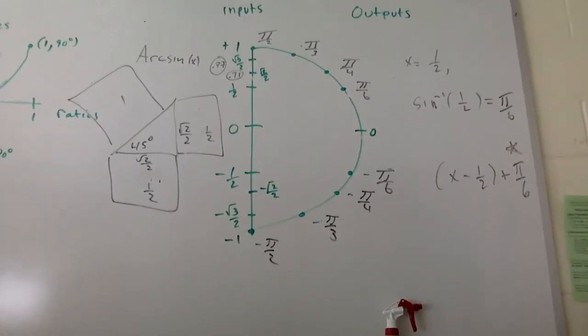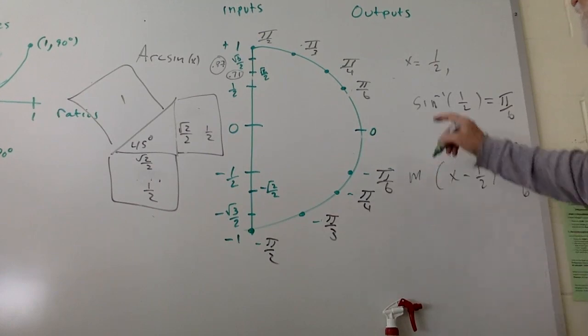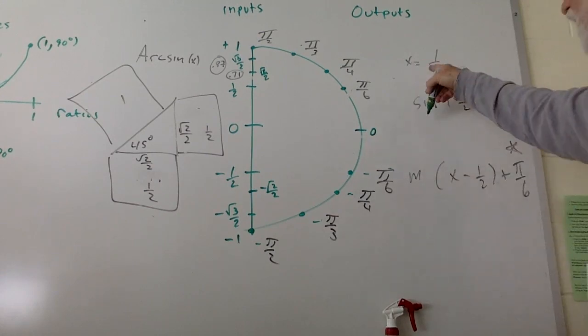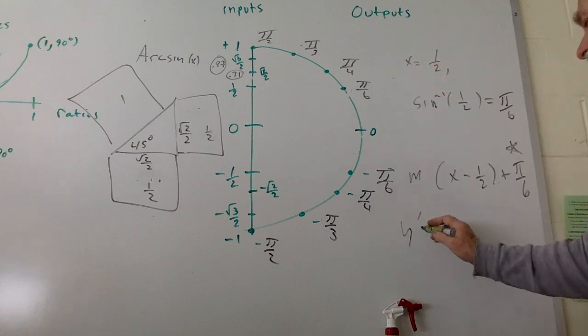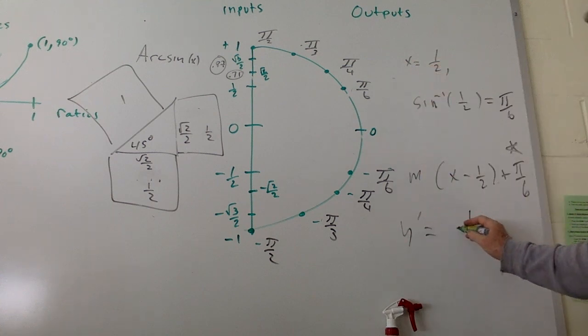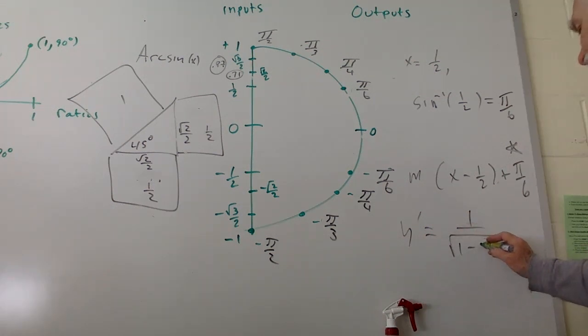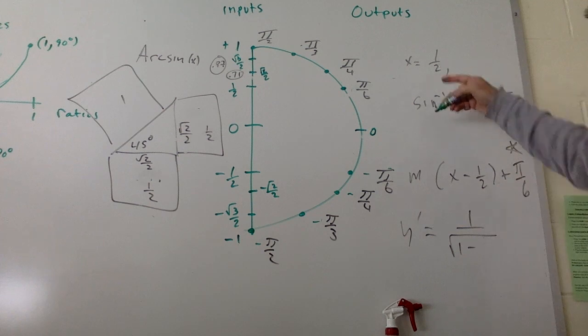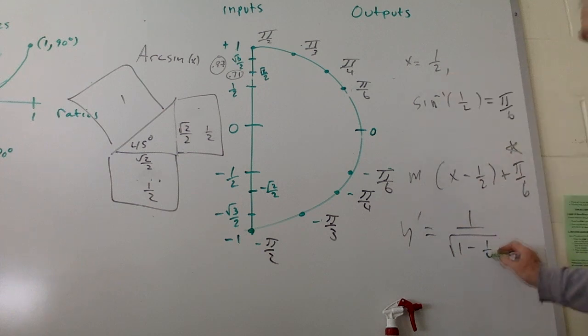All right, for folks in the class. Now we got to get the slope at 1/2 for the arcsine of x. Well, we just found that the derivative of arcsine of x is 1 over the square root of 1 minus x squared. And in this case, our x is a half. 1/2 squared is 1/4.